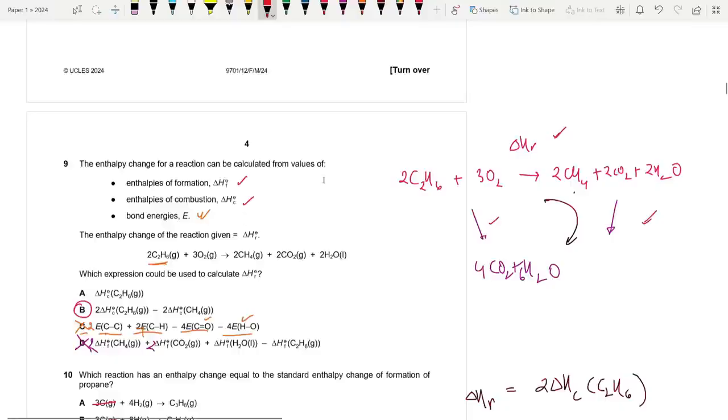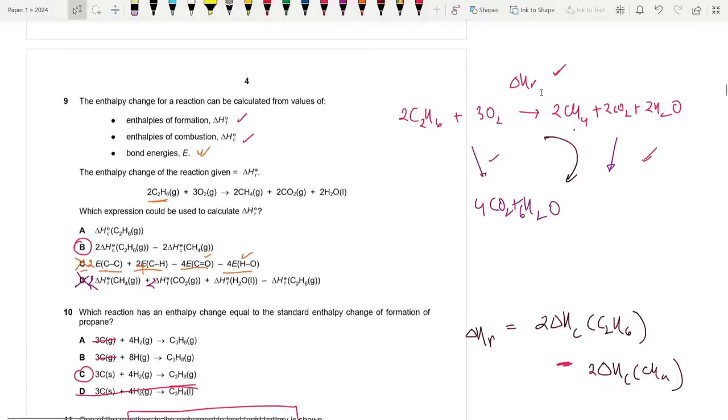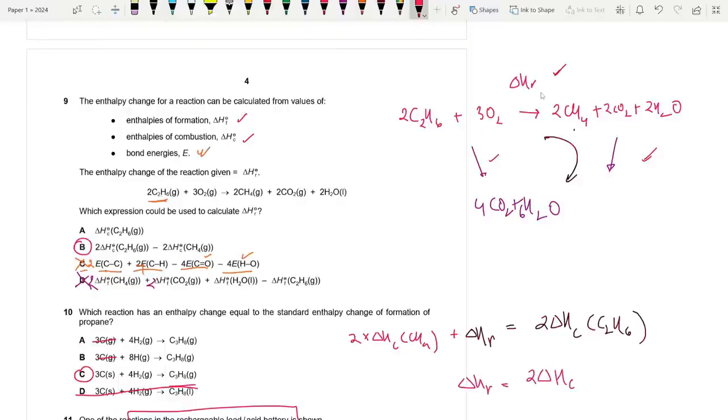So if you draw the Hess cycle and equate it, it's basically del HR plus 2 times the enthalpy of combustion of CH4 is equal to the enthalpy of combustion of C2H6. So if you make del HR the subject, it turns into this: 2 times del H combustion of C2H6 minus 2 times del H combustion of C2H4. Okay, that's that. So as you can see, it actually matches with option B over here.